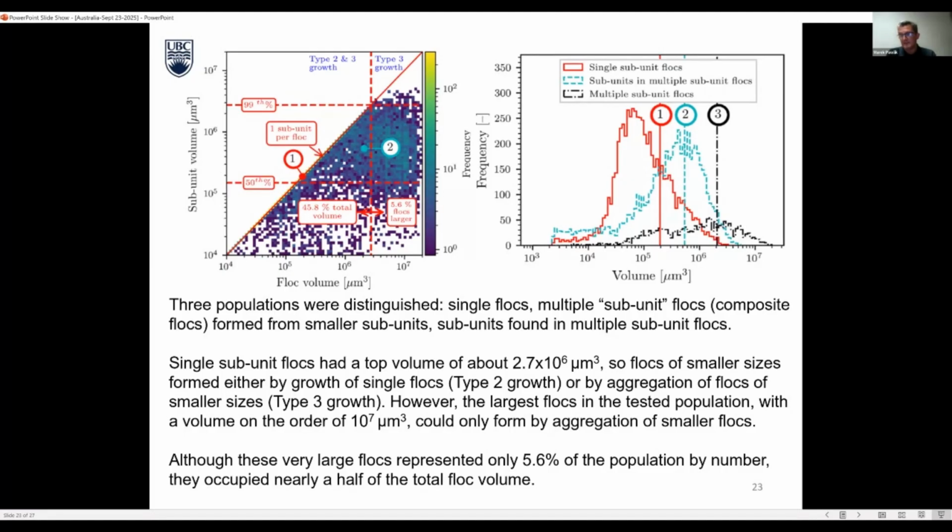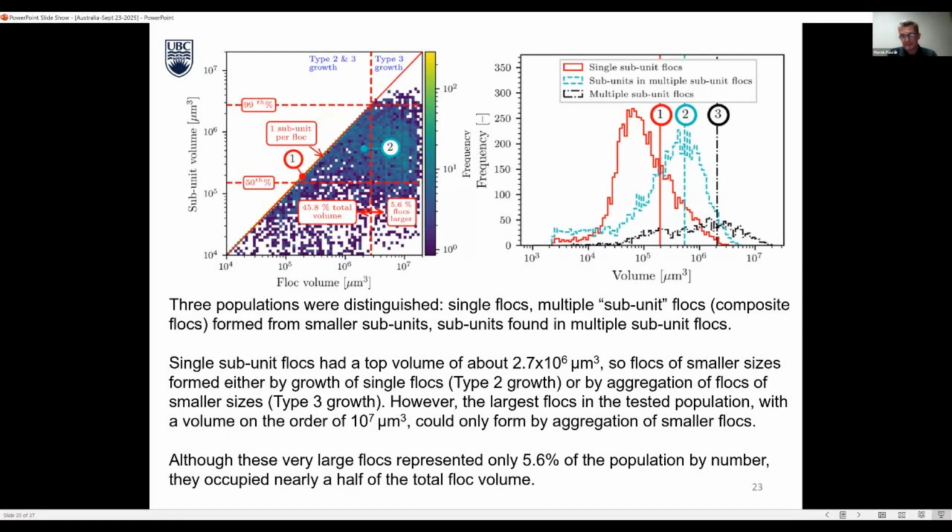So what's interesting is that very large flocks form only as a result of aggregation of smaller flocks. Flocks of intermediate size are typically aggregates of much smaller flocks, but they can also exist as single very large units. And statistically speaking, these very large flocks from the top right corner were only represented maybe 6% or so of the population by number, but they were about 45–50% by volume.